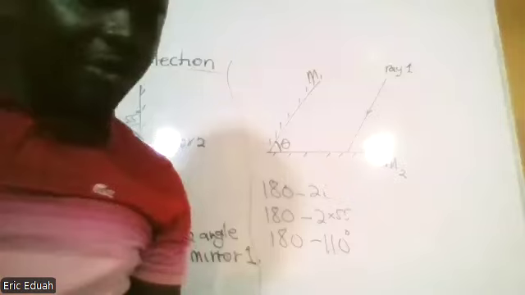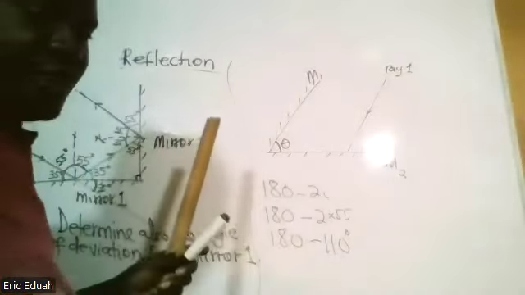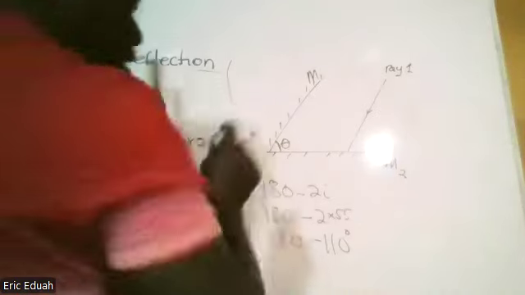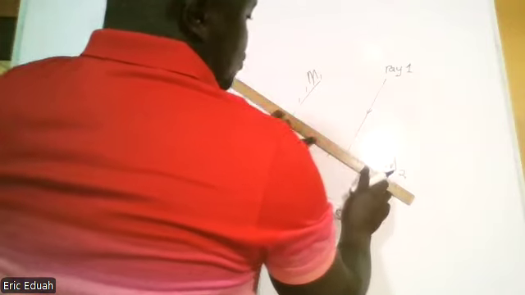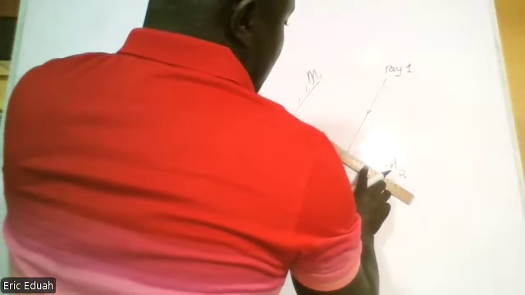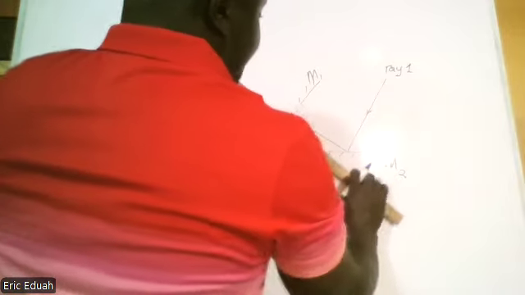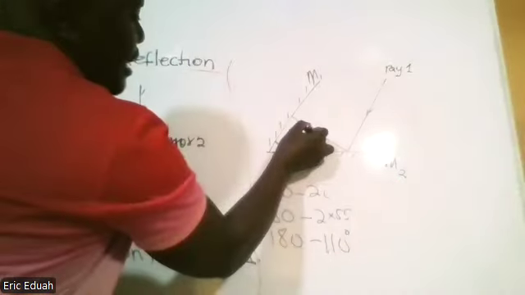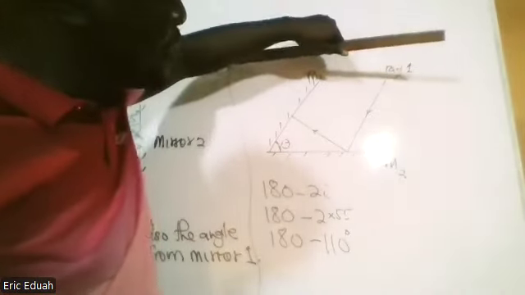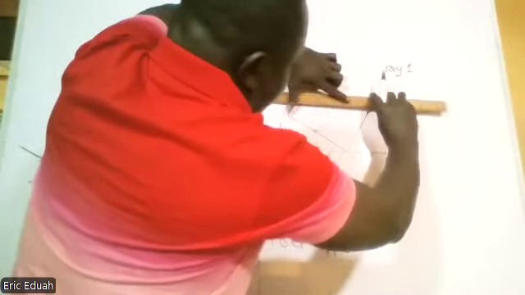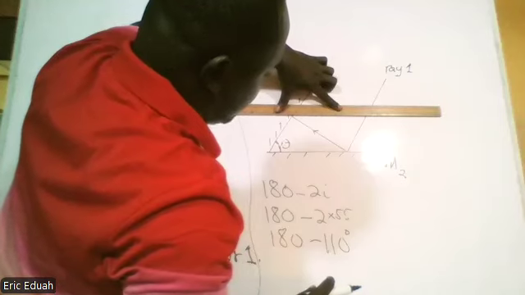And after this ray has gone through 2 reflections, let me demonstrate the 2. This ray hits mirror M2 and it will reflect. So this is the first reflection. Then after the second reflection, the ray is parallel to M2. So the second reflection of this ray must be parallel to M2.